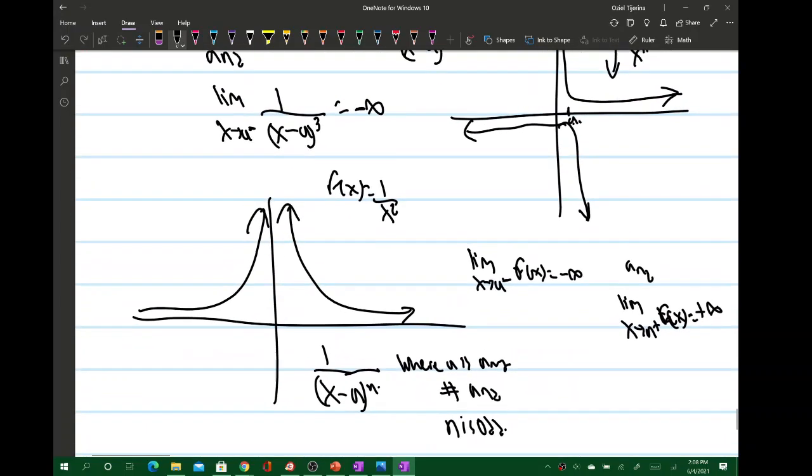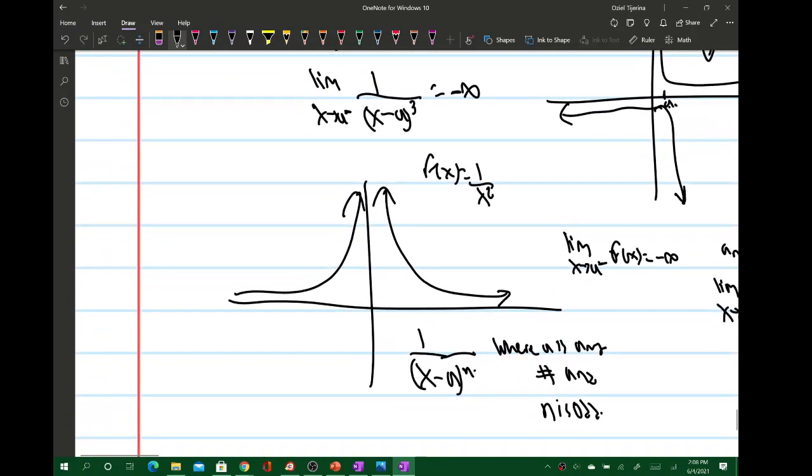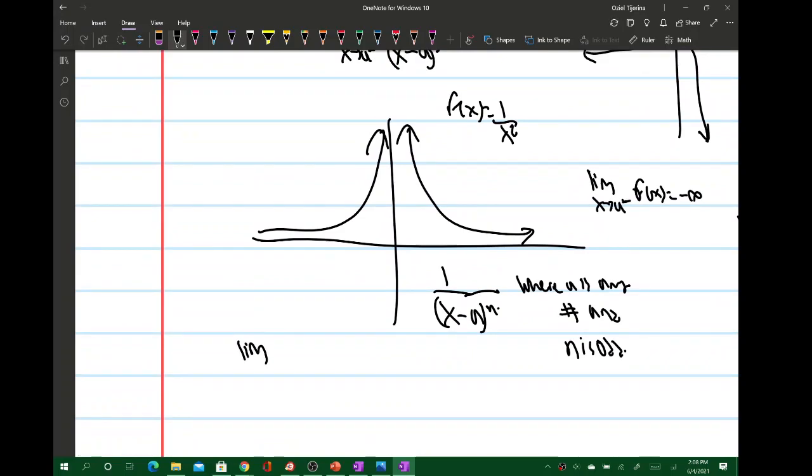Okay, and n is odd. That means that the limit, or actually, no, I'm lying, where n is even, excuse me.